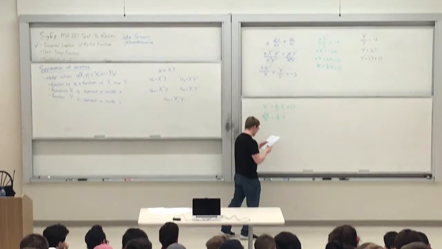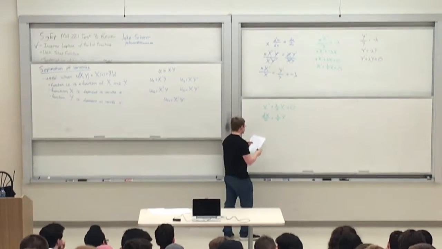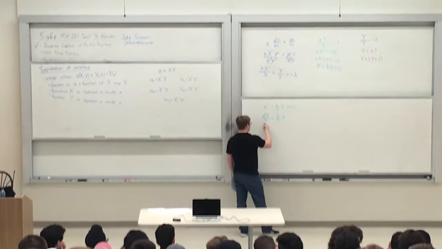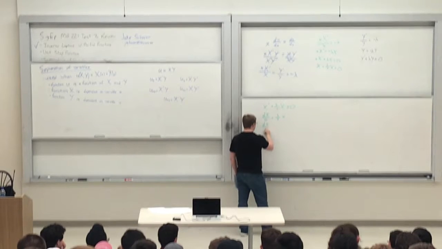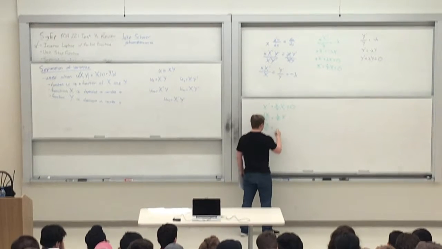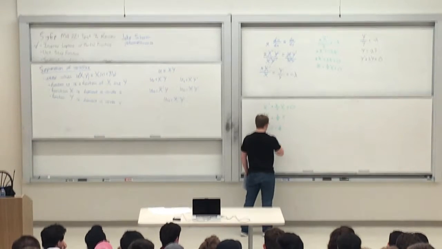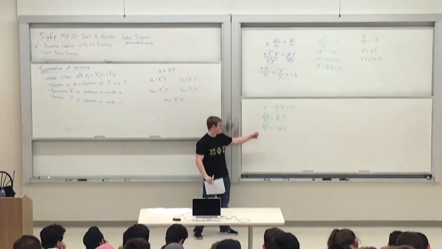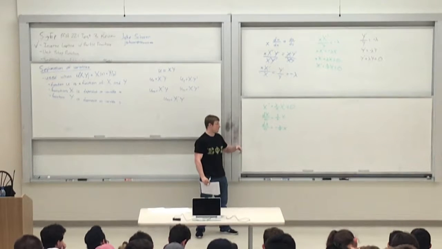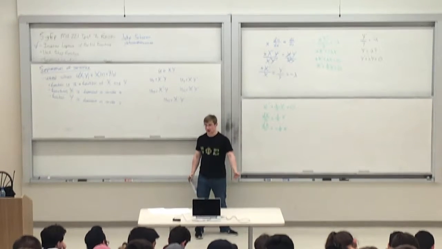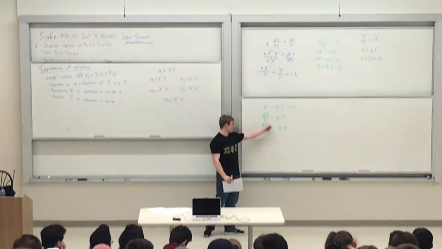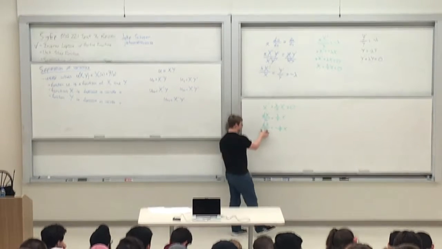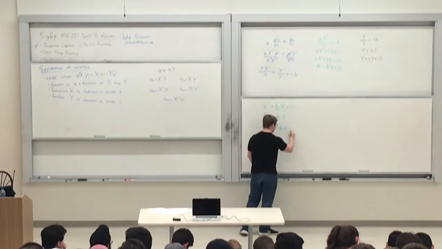So what I want to do is take this and move it over to the other side. So that way I can get d capital X over d lowercase x is equal to negative lambda over lowercase x capital X. And now this goes back to separation of variables from the first test, where I want to get all of my capital X's on the left side and all of my lowercase x's on the other side. So I'm going to take this dx and multiply it to this side.